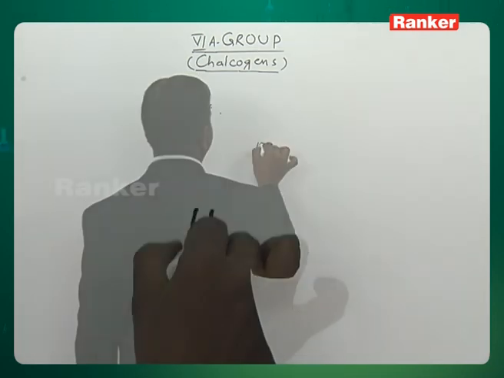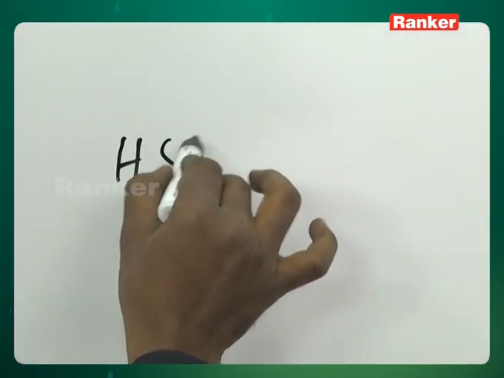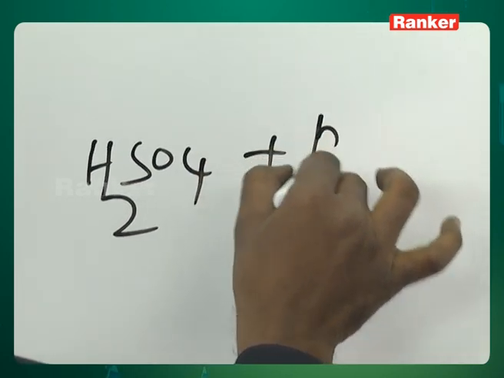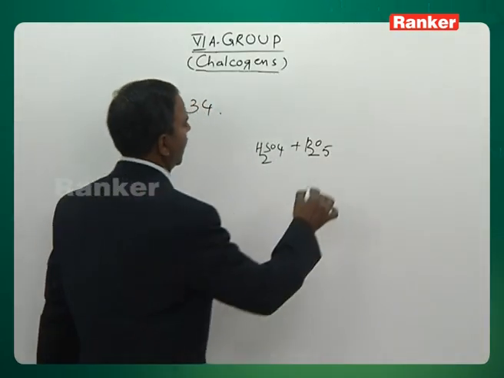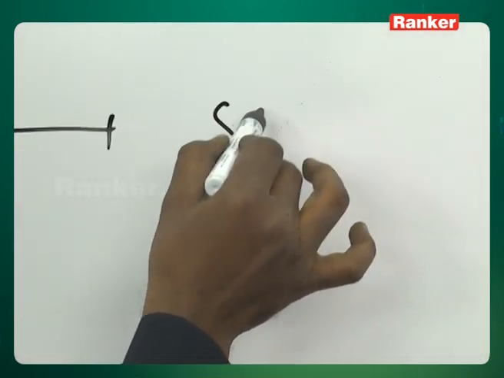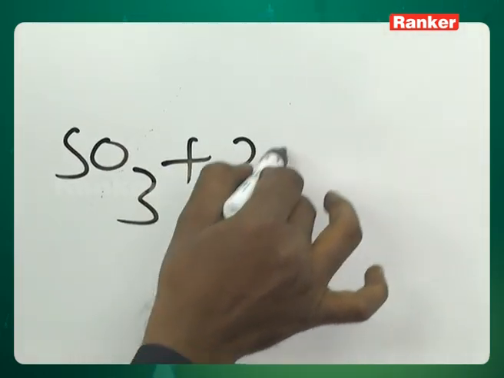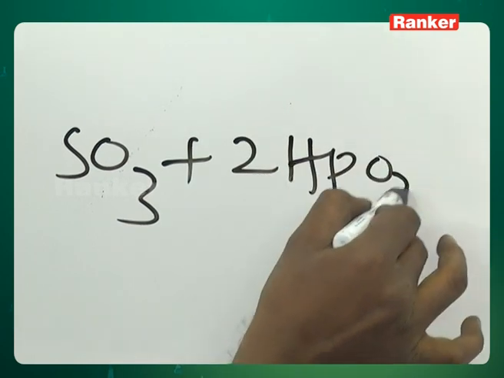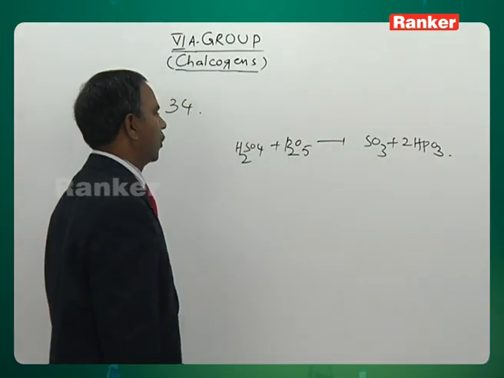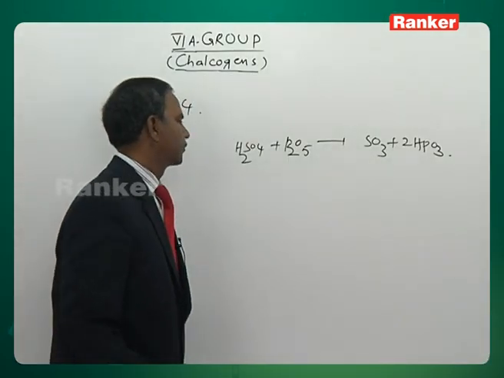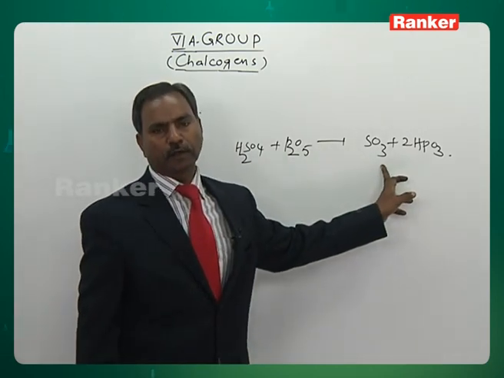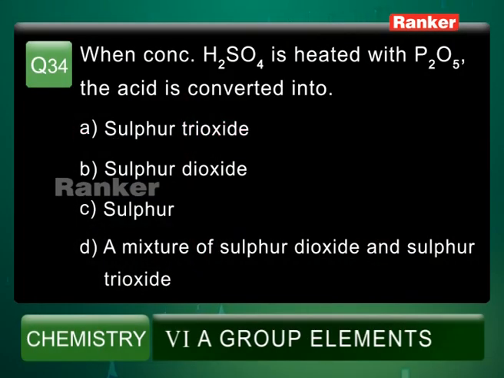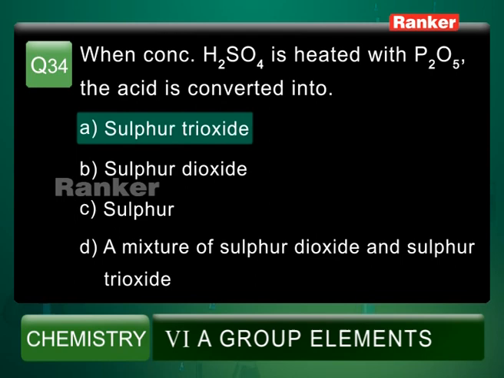H2SO4 with P2O5, then you are getting SO3 and 2HPO3. In this way, sulfuric acid is dehydrated to sulfur trioxide. So, question number 34, answer is A.